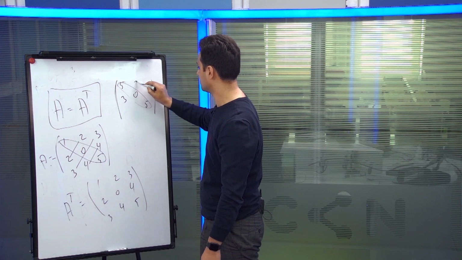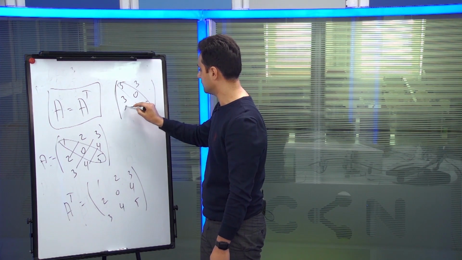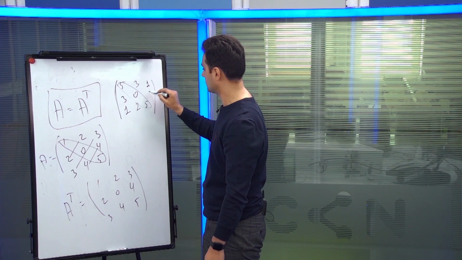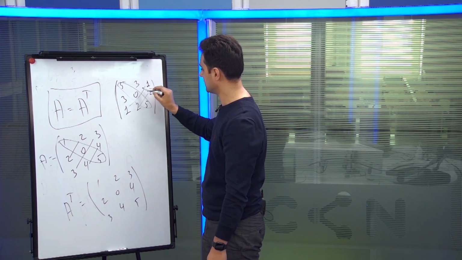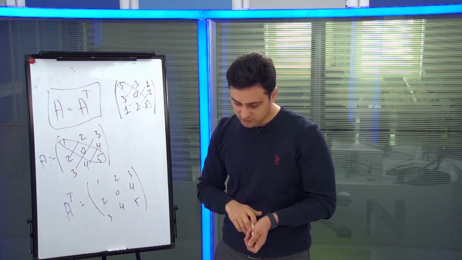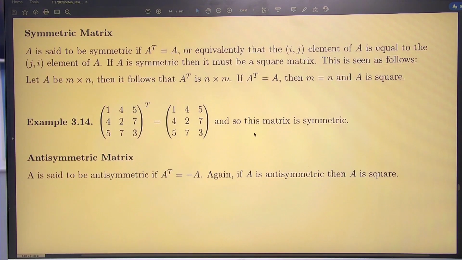Here must be also 3. If you take here, for example, 1, here also must be 1. If you take here 2, here also must be 2, because we consider these must be equal. Well, this is a symmetric matrix. These are 2 different examples, and you can see some examples in example 3.14.